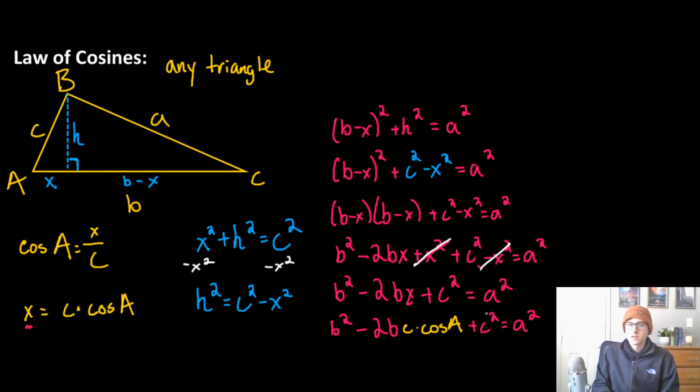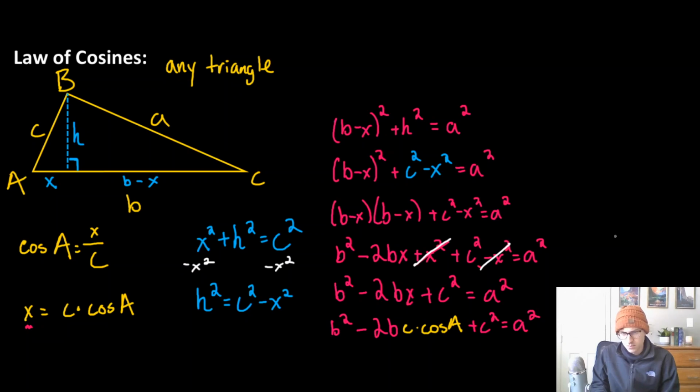Oh my gosh. I have just A, B, C, and angle A, and I have an equation where, if I have 3 of those, I can find the 4th one. That's amazing. This works for any triangle. So let's clean it up a little bit.